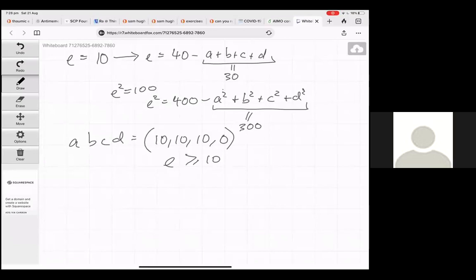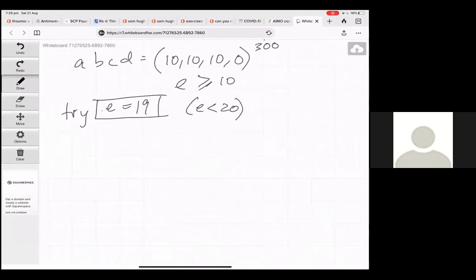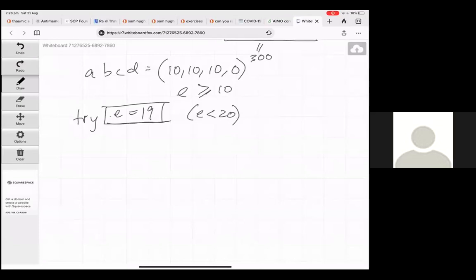At this point, you might be tempted to look at E equals 19, just because you know that E is less than 20, and you want to make E as big as possible. And we know how to do calculations with integers. So you might be tempted to try E equals 19. Let's have a go at that, and let's try to find A, B, C, and D which work.